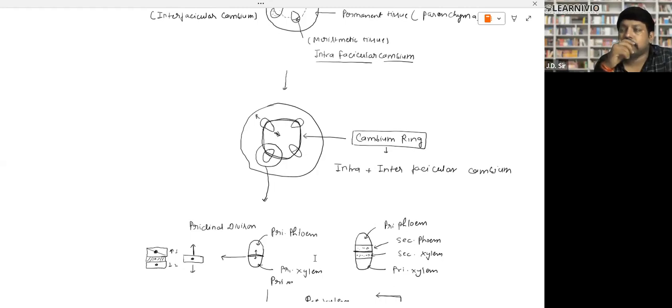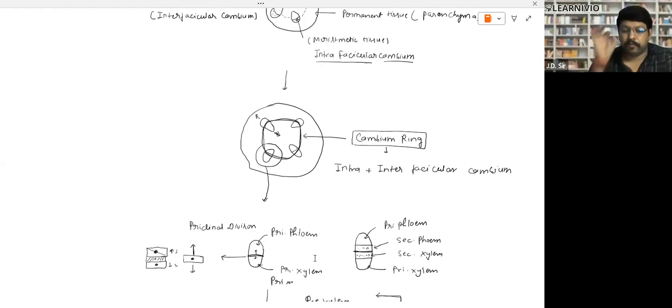This kind of growth is called secondary growth. Is that clear?